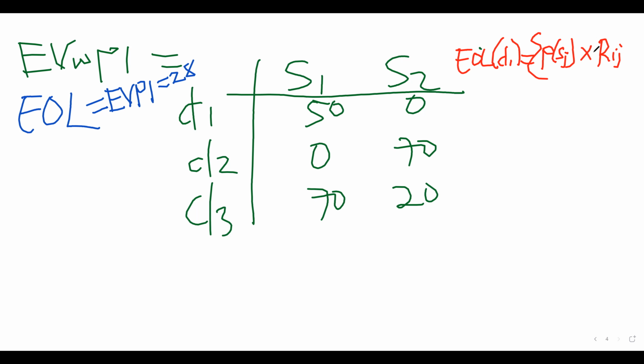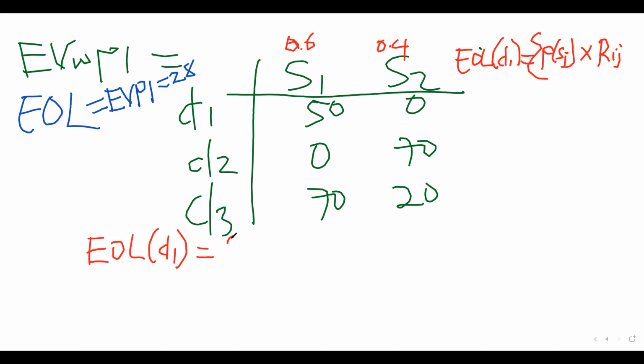Now remember, the probability of state of nature 1 is 0.6. Let me put it up here: 0.6, and then 0.4 for state of nature 2. So I'm going to calculate the expected opportunity loss for decision alternative 1. The formula simply says you take the probability of the state of nature, 0.6, and multiply that by the regret, and if I'm doing it for D1, I multiply that by 50.